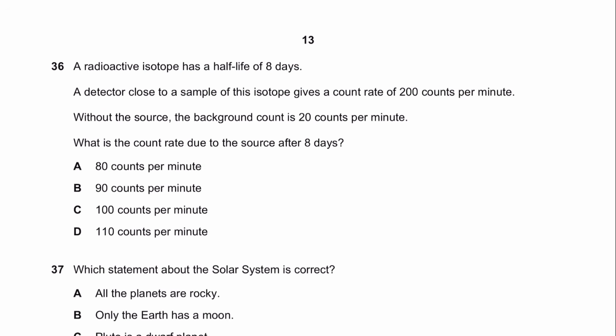Next, question 36. A radioactive isotope has a half-life of 8 days. A detector close to a sample of this isotope gives a count rate of 200 counts per minute. Without the source, the background count is 20 counts per minute. What is the count rate due to the source after 8 days? Remember, your step 1 is always to remove your background radiation.